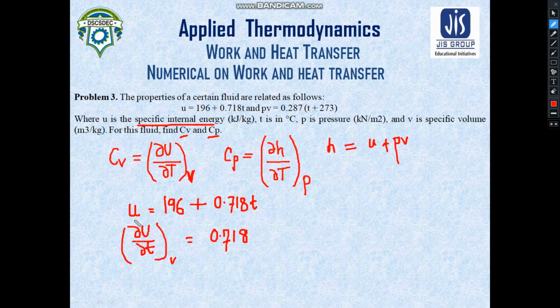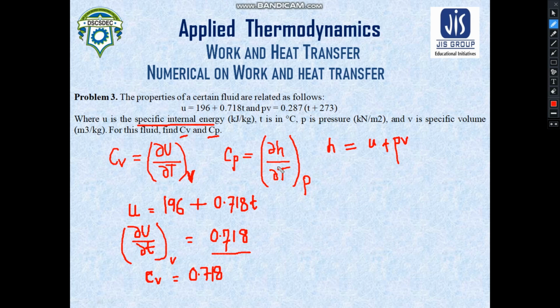When we differentiate this u with respect to the temperature, it ultimately gives the value of 0.718. So it is very simple. So you can write this Cv as 0.718. I believe you have understood it easily.